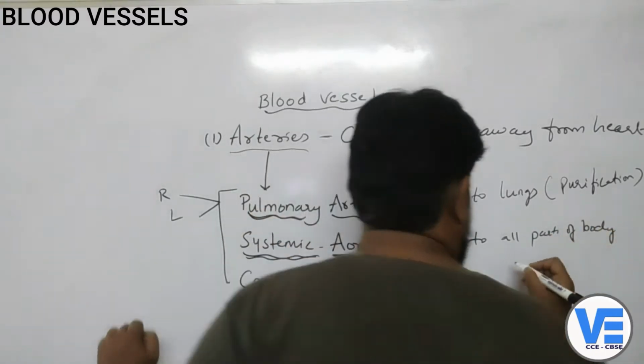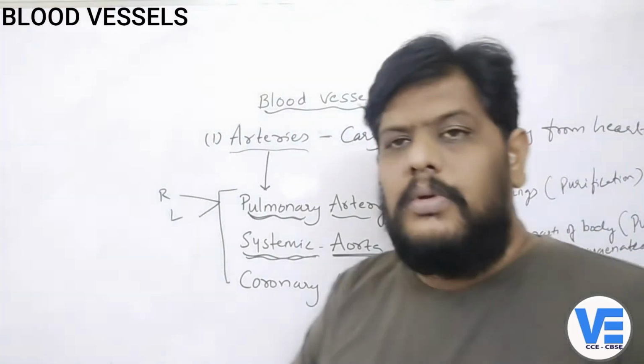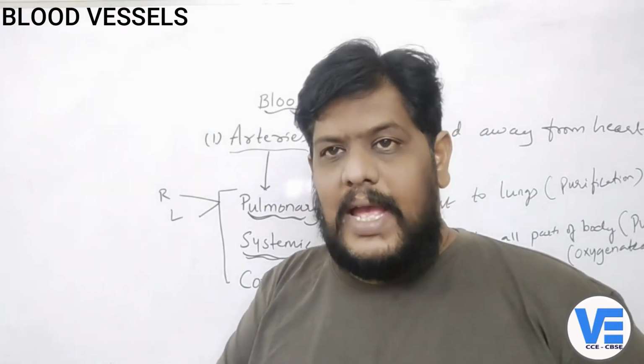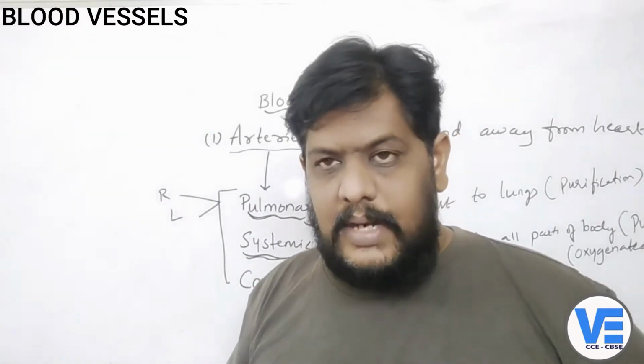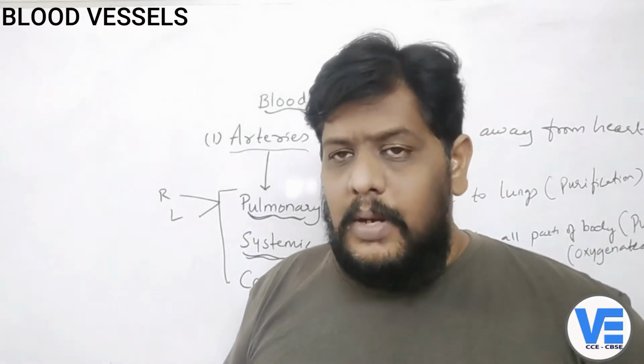One thing you have to know here is that all the blood which is purified, or the other word, oxygenated blood, that means the blood which is now full of oxygen, which has bound with the oxygen. The hemoglobin will bind with the oxygen.